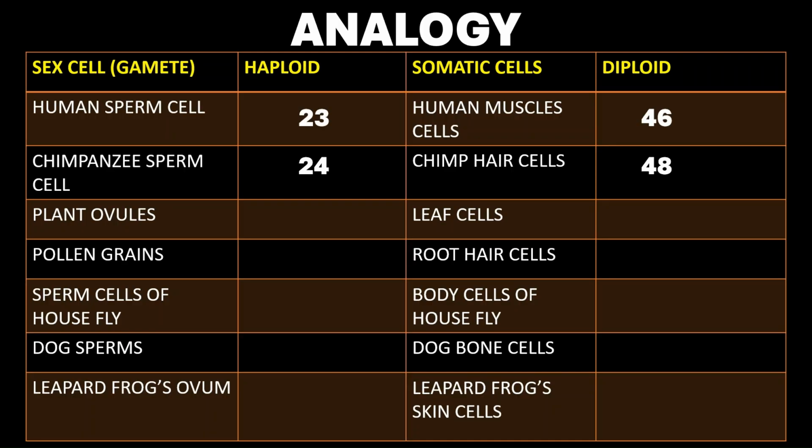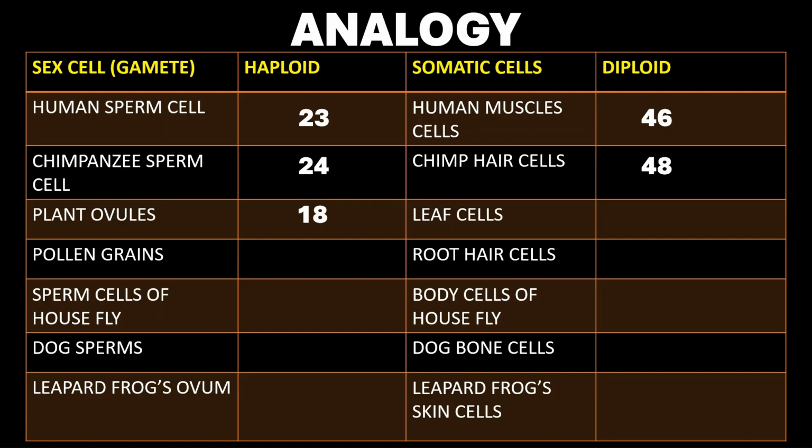Now let's also look at plant ovules and plant leaf cells. If there are 18 chromosomes in plant ovules, ovules represent the gamete, and if it is haploid, then the leaf cells, which are somatic and automatically diploid, will have how many? The word di means two.